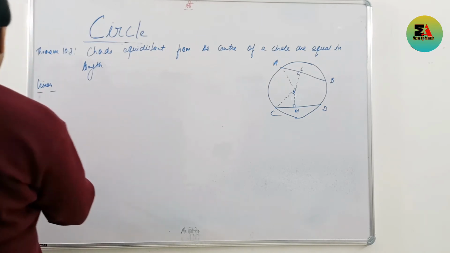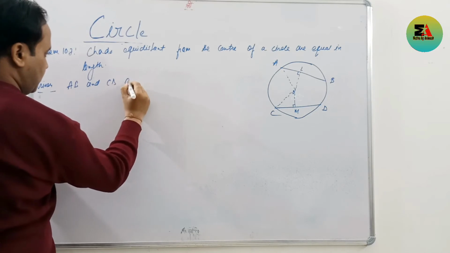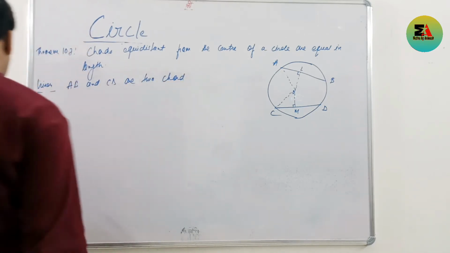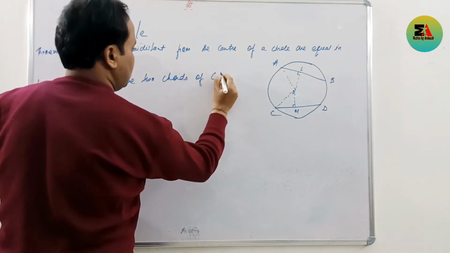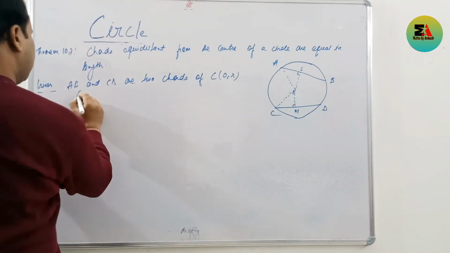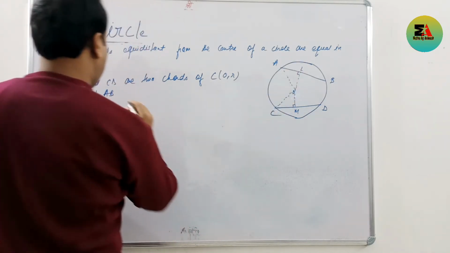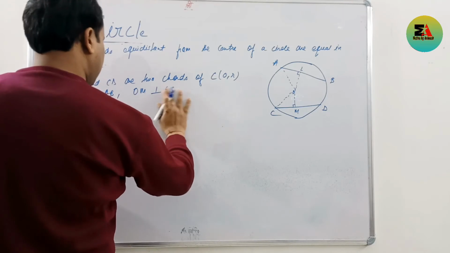AB and CD are two chords of a circle, center O, radius R, and OL is perpendicular to AB, and OM is perpendicular to CD.